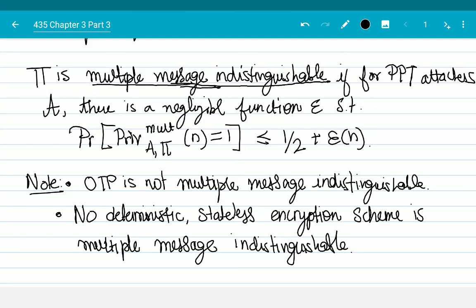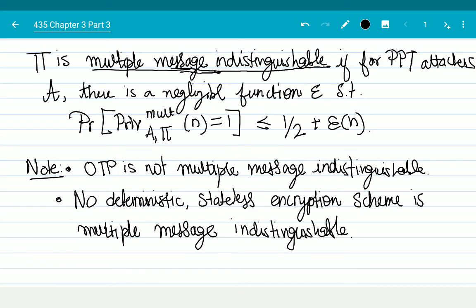But we know what deterministic is: if you encrypt the same message using the same key, it should always give the same exact answer. And that should, in a way, give you a hint of why this doesn't work.